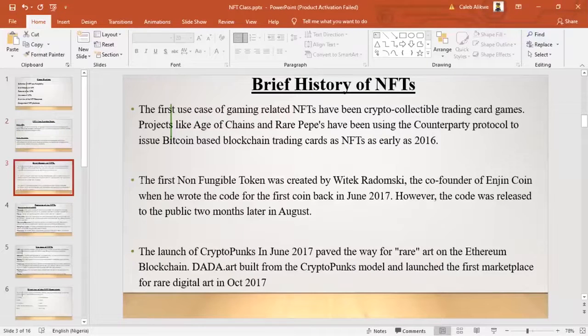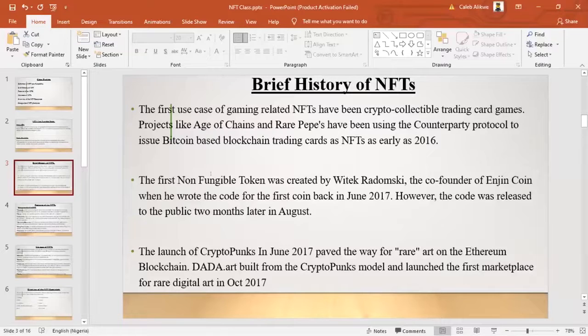Okay, so a brief history of NFTs. The first use case of gaming related NFTs has been crypto collectible trading card games.